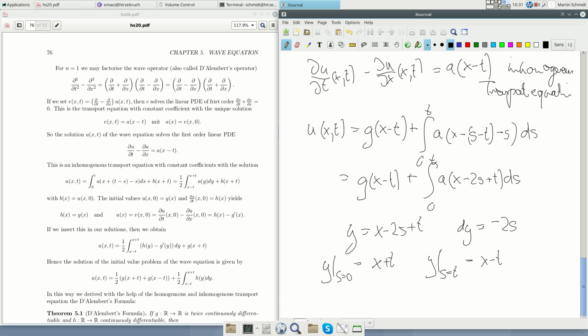And now, in order to get rid of this minus, we just switch the two borders.